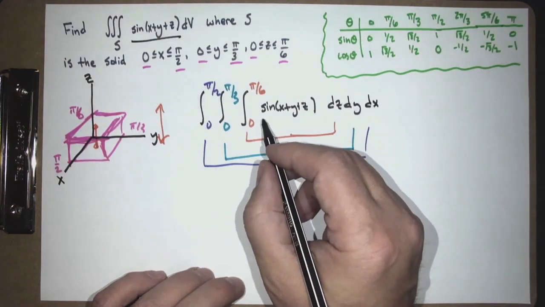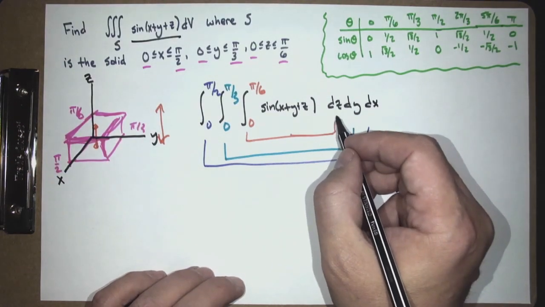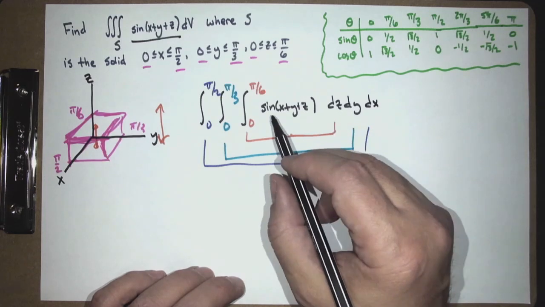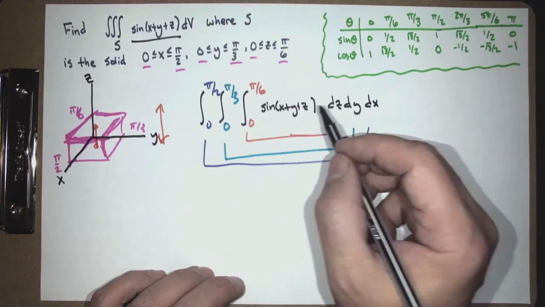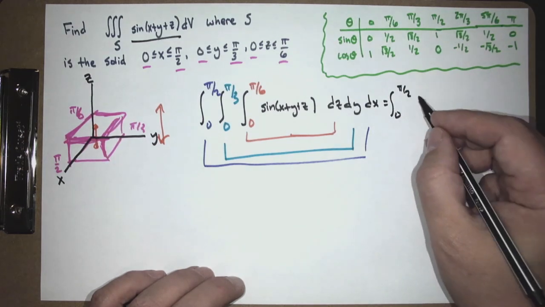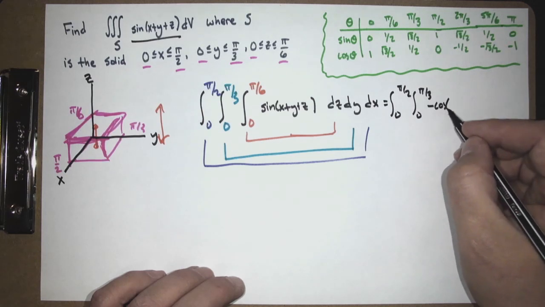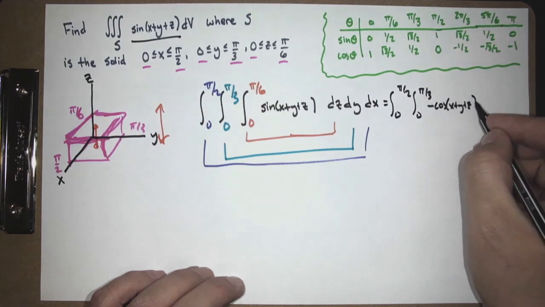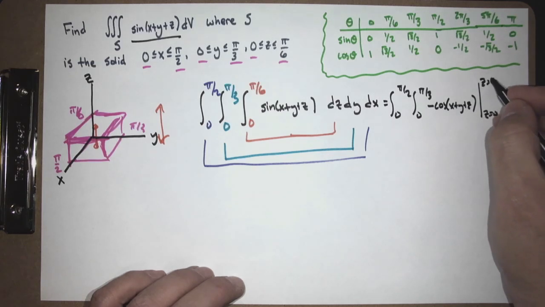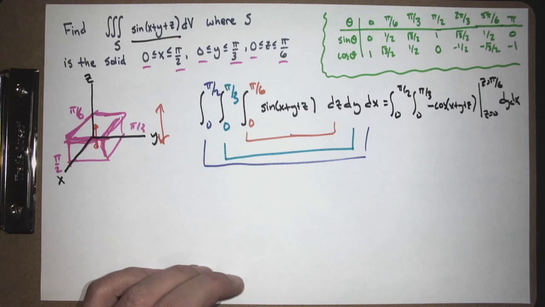Okay, so first off, what's the integral of sine of x plus y plus z with respect to z? Positive cosine or negative cosine? Negative. Okay. So 0 to pi over 2, 0 to pi over 3, negative cosine x plus y plus z, evaluated from z equals 0 to z equals pi over 6, and then we have dy dx.